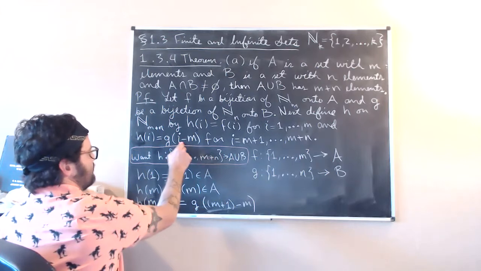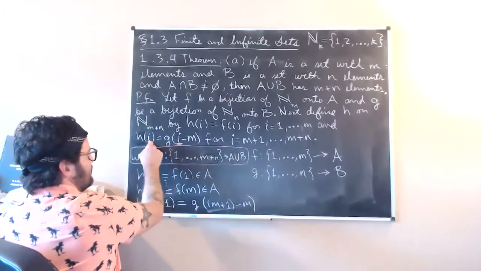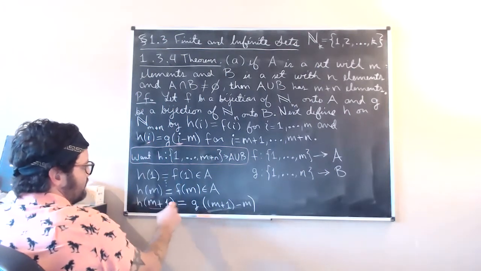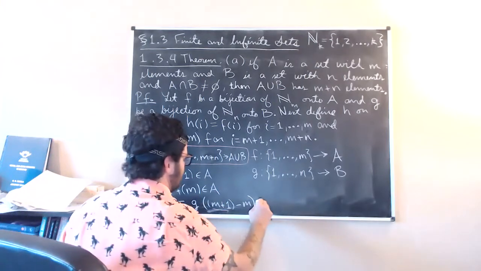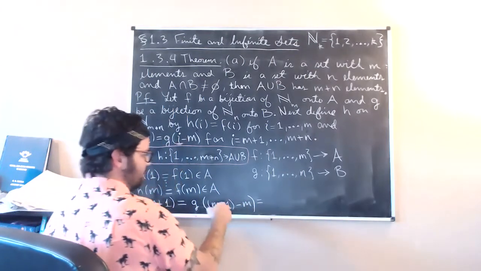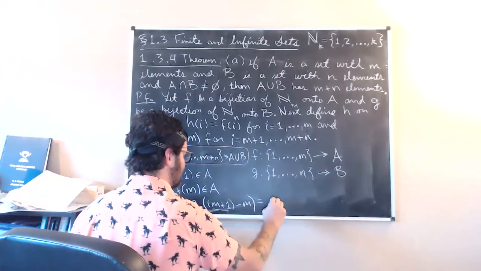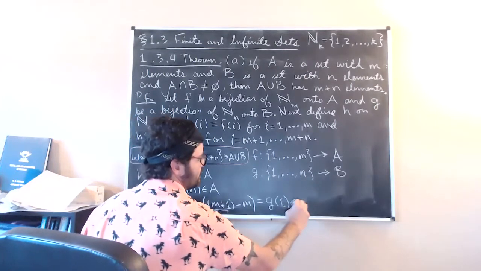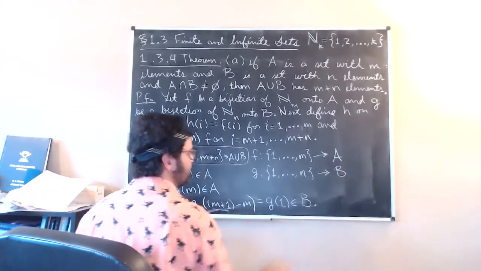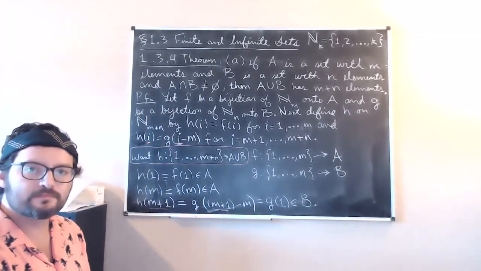Right? Right there. So we're evaluating m plus 1, so we just plug in m plus 1 where I is. And this becomes G of 1. And that's an element of B. You see that?